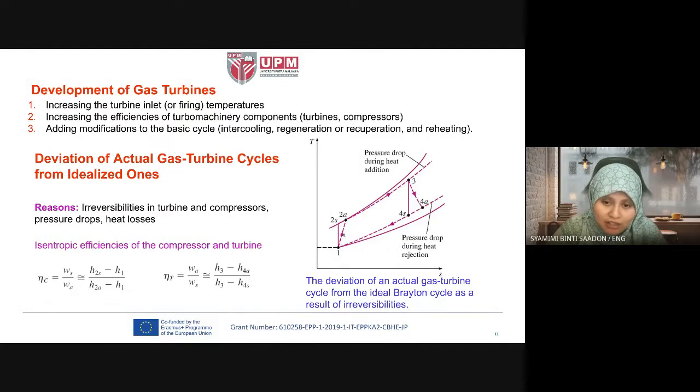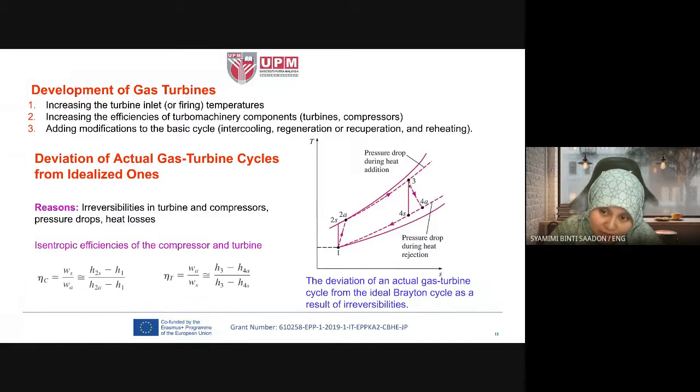So the compressor efficiency depends on the position of 2S and 2A, the enthalpy at location 2S isentropic, and the actual enthalpy. For the turbine expansion process, the efficiency of the turbine depends on the location of 4A, the actual process, and the isentropic process.